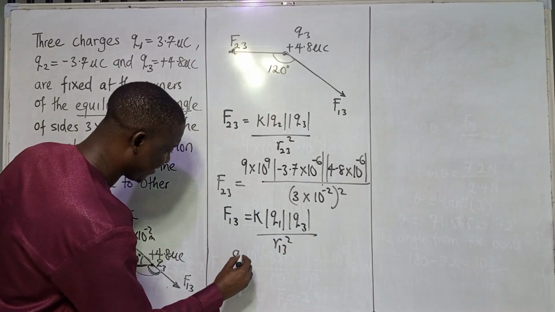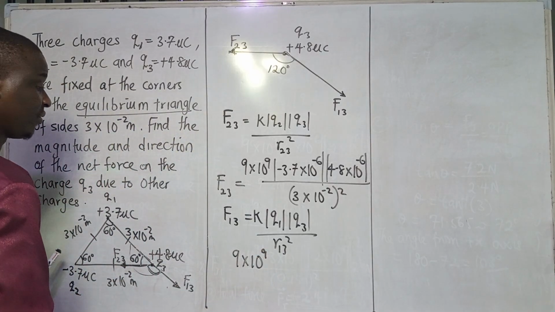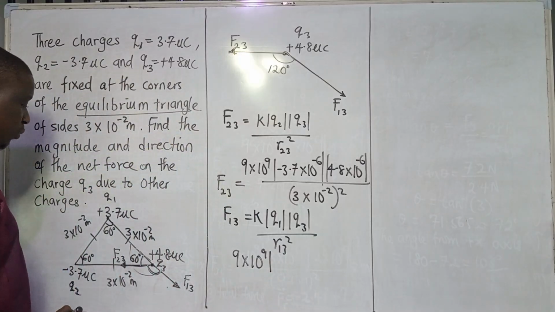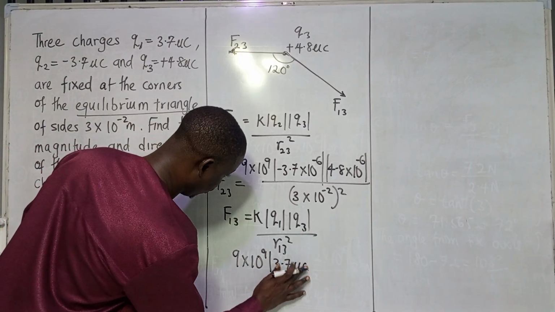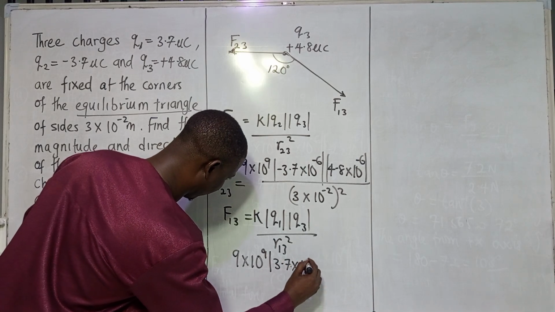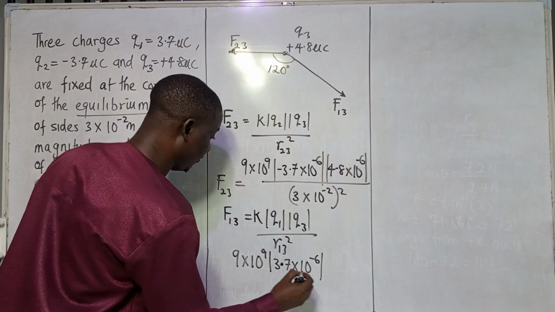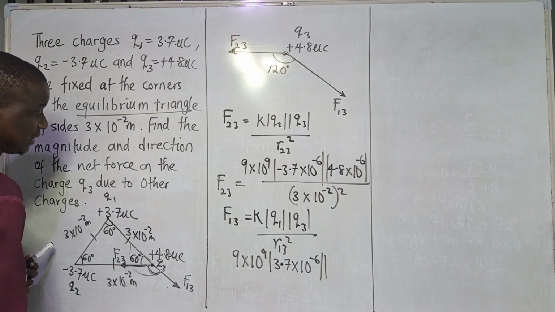So I would have 9 times 10 to the power 9. Next, Q1 is plus 3.7 microcoulomb, which is times 10 to the power minus 6. Then Q3 is 4.8.